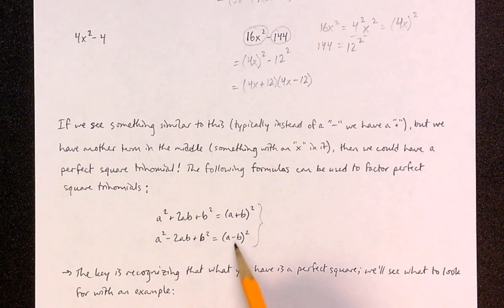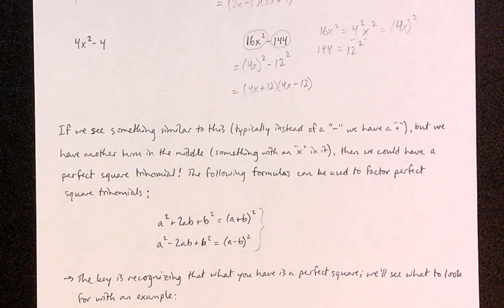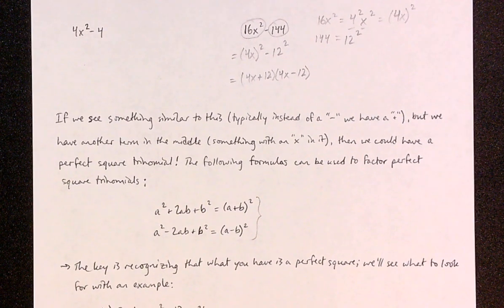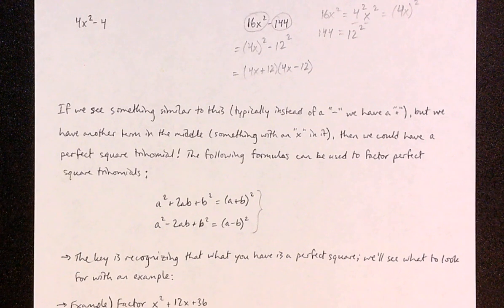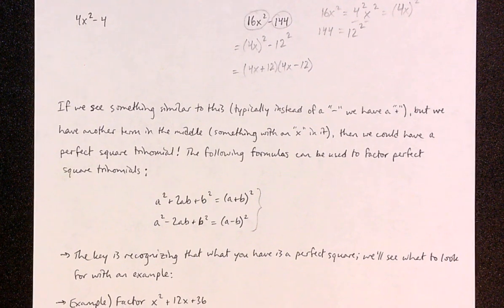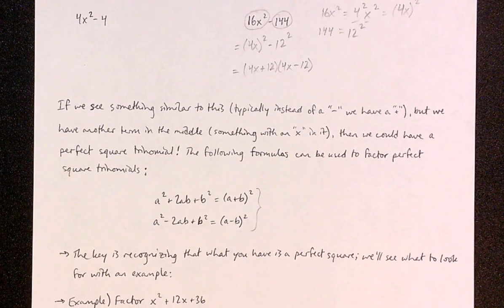And (a minus b) squared is equal to a squared minus 2ab plus b squared. And the key is really recognizing that what you have is indeed a perfect square.